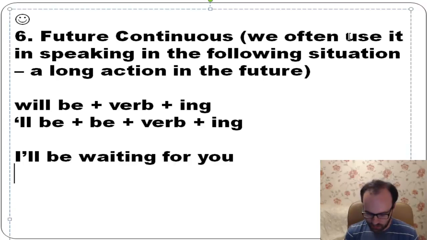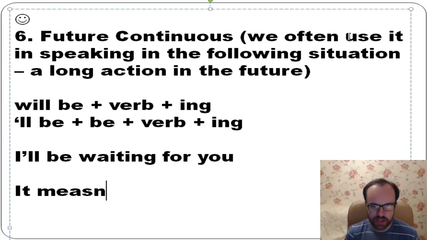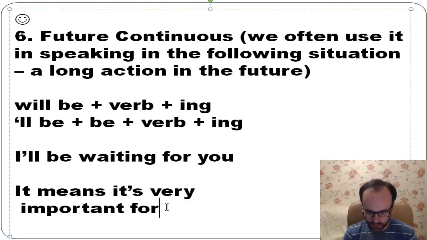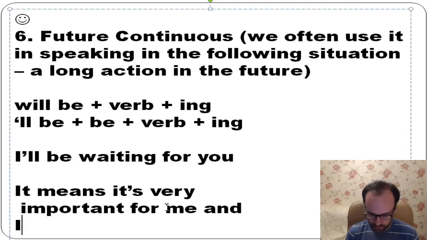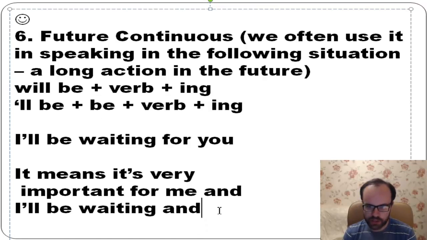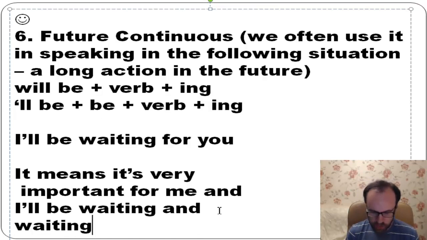It means it's very important for me, and I'll be waiting and waiting and waiting.